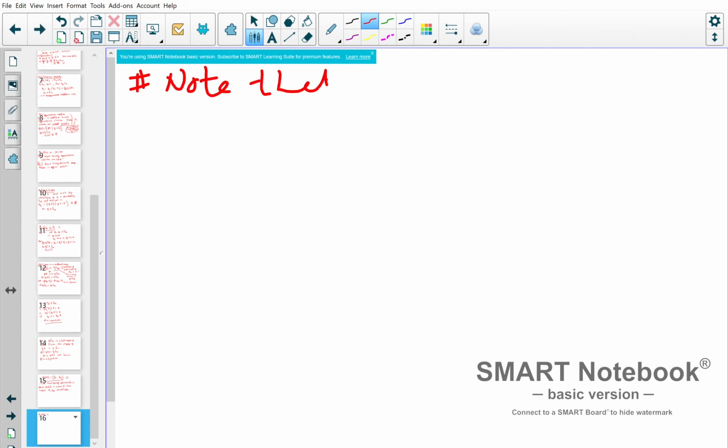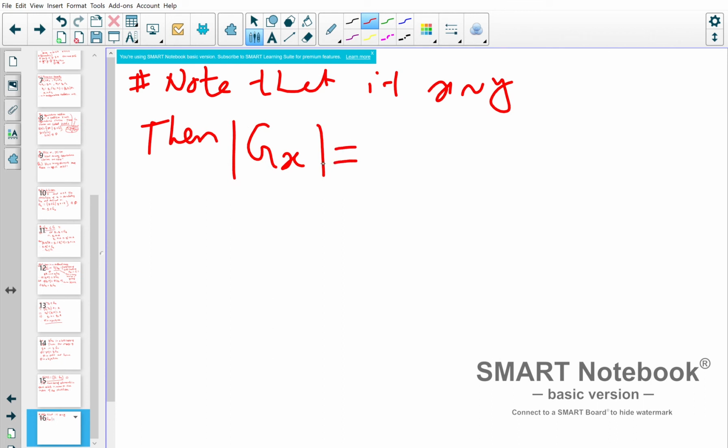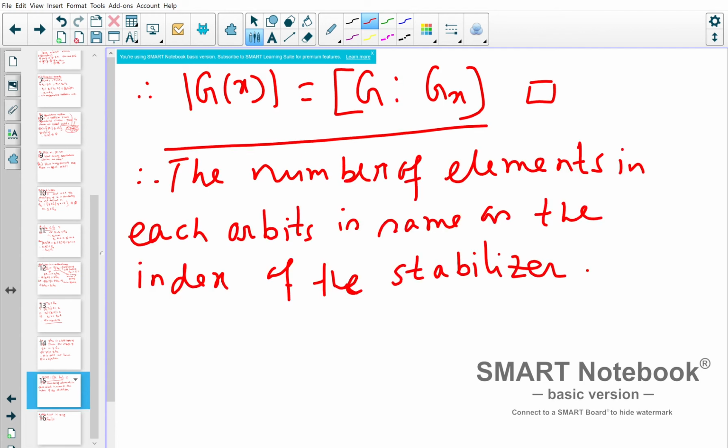Note that if x is related to y, that means they are in the same orbit. Then the cardinality of the orbit of x is nothing but the order of the group divided by the order of the stabilizer.